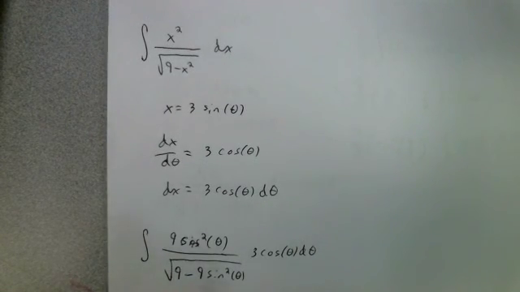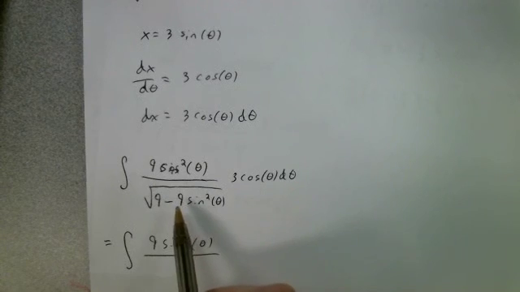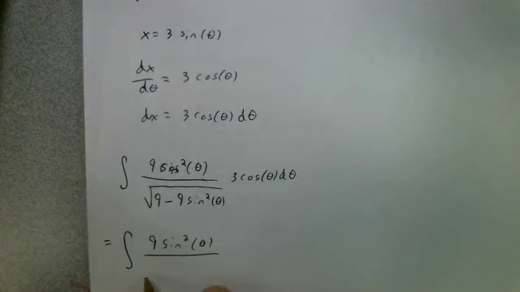So on top, 9 sine squared theta. On the bottom, now what you can do is say, oh yay, a 9 magically appeared. Great, we can factor out that 9. So we have 9 times 1 minus sine squared theta.